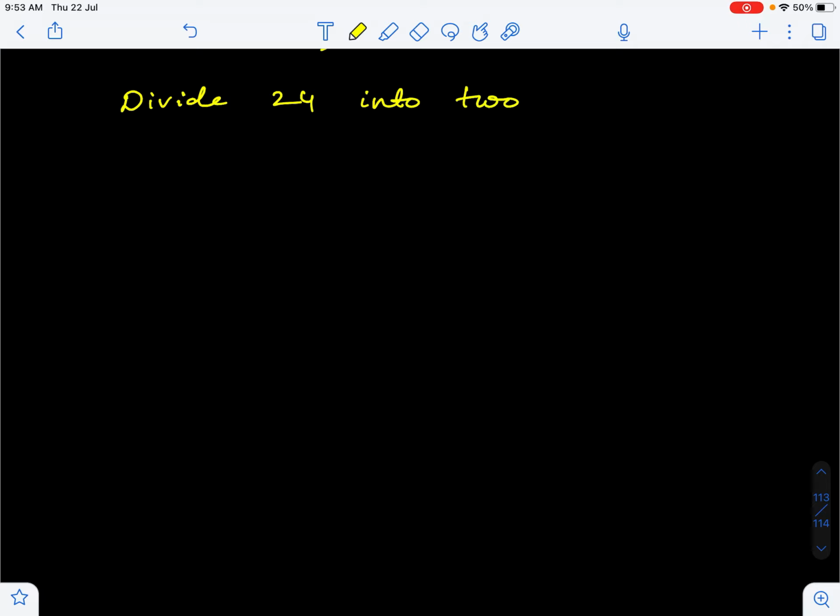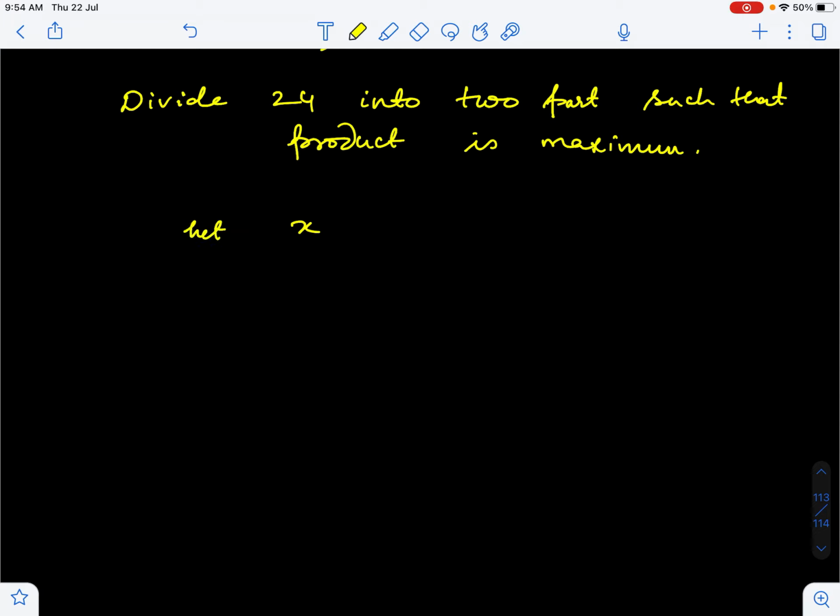Suppose it is given: divide 24 into two parts such that the product is maximum. So guys, let the first part be x.